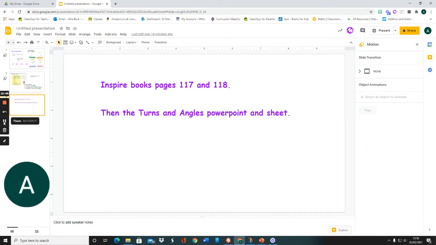Then you answer the questions there, and on your Google Classroom I have put a Turns and Angles PowerPoint and a sheet that you can be having a go at as well. That sheet will be a PDF, so you can write the answers into your yellow books, and the PowerPoint would be useful if you opened it up into a presentation, because there are some questions on there that will help your understanding of turns and angles.